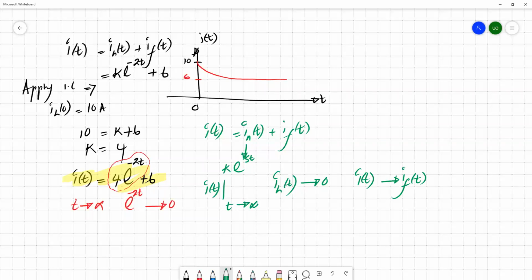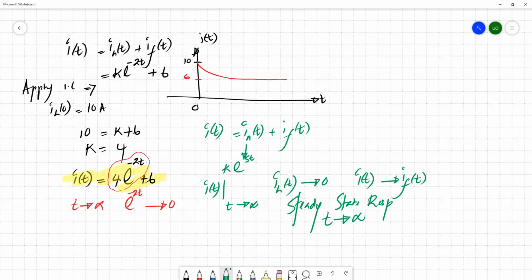If you have a total response, which is the sum of the natural response and forced response, the steady state response means what happens to the response when t goes to infinity.